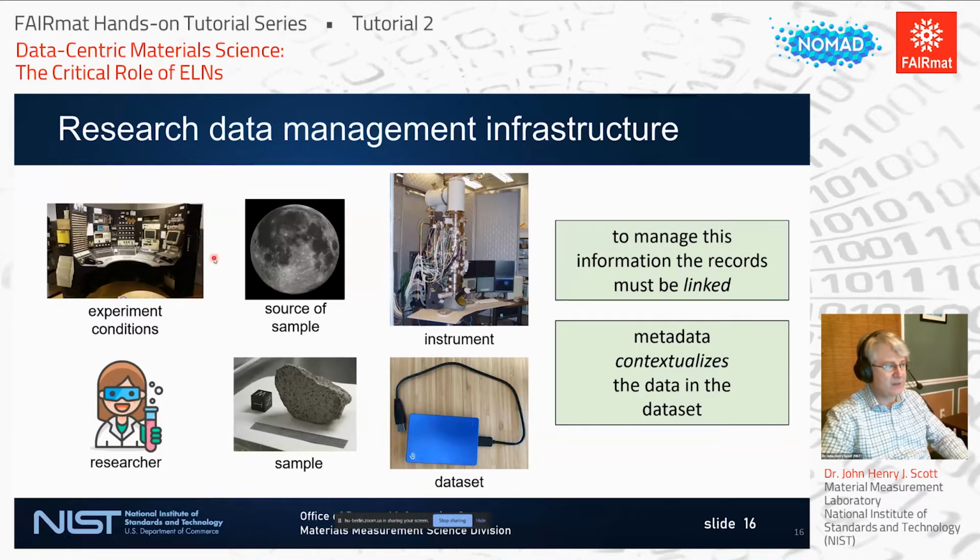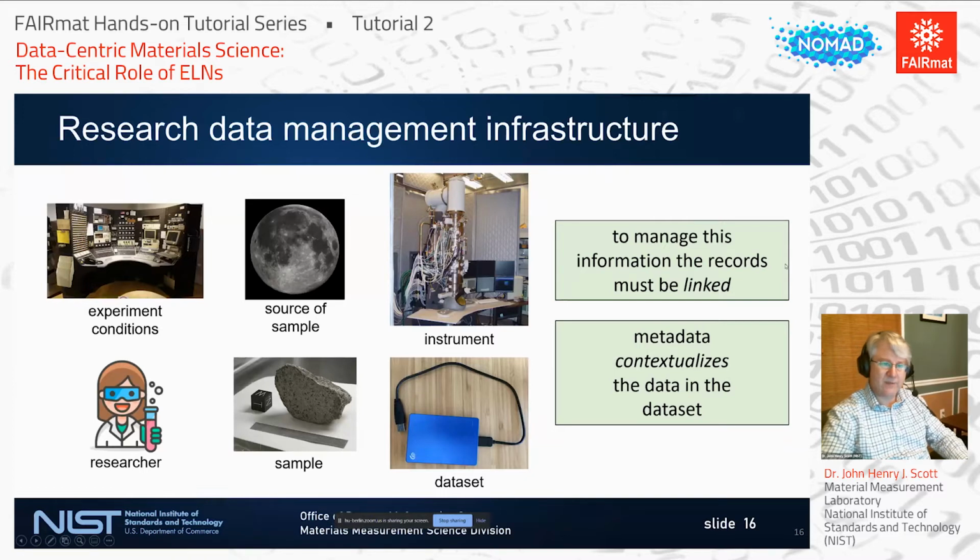The experimental conditions have grown seemingly without bound. There are so many pieces of metadata that characterize the settings and the choices made by the instrument and the experimenter during the acquisition of the data, the researcher and the human in the loop, the data set itself, and of course, information about the instrument, regardless of its settings or the analytical conditions.